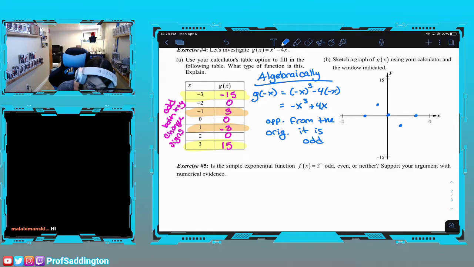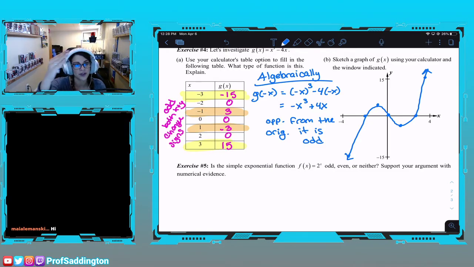And then we have -3, -15, and +3, +15. So my drawing is slightly crude, but we can see that opposite effect of both points. Like that -3, -15 is directly opposite through the origin to +3, +15. We can see that -1, +3 is directly through the origin at +1, -3. So we can see that relationship.